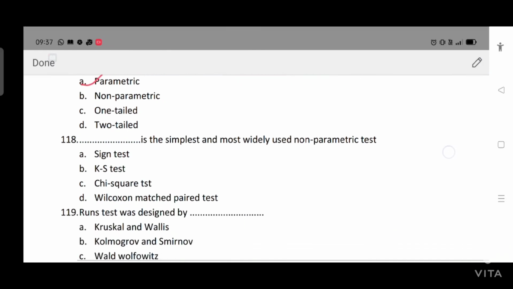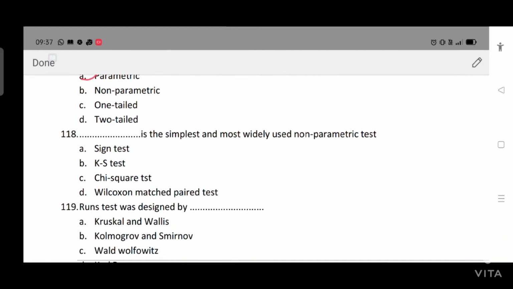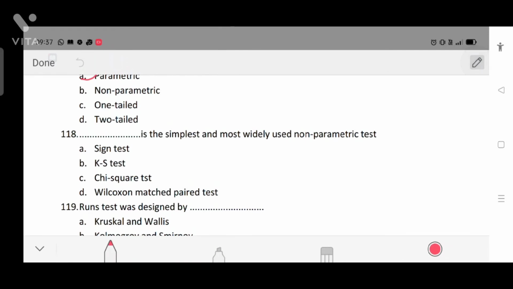Dash is the simplest, the most widely used non-parametric test. C. Chi-square test. Very, very important this test.